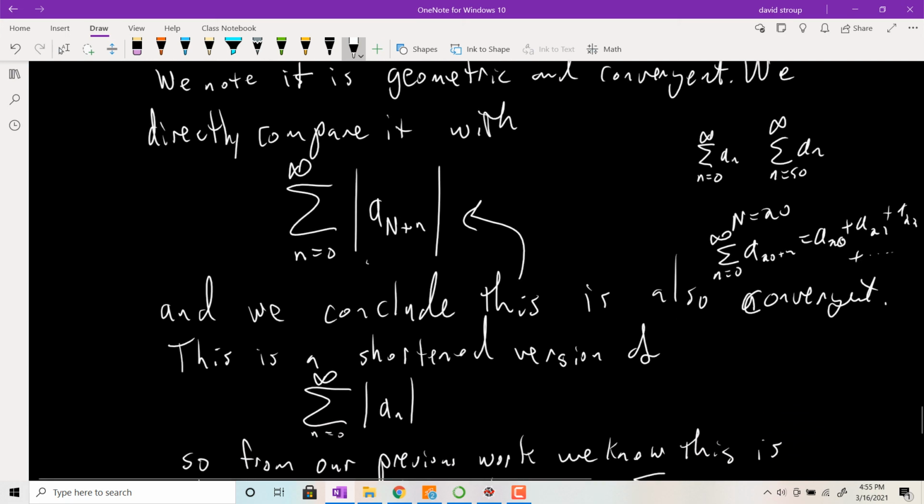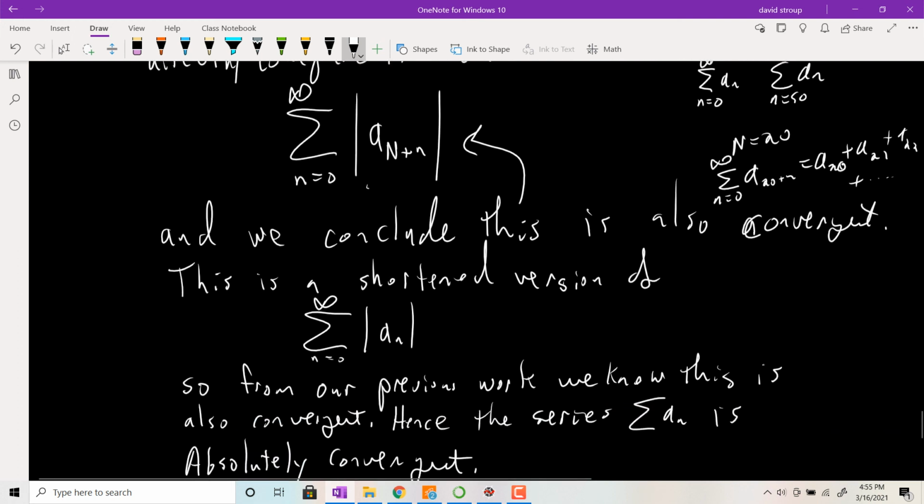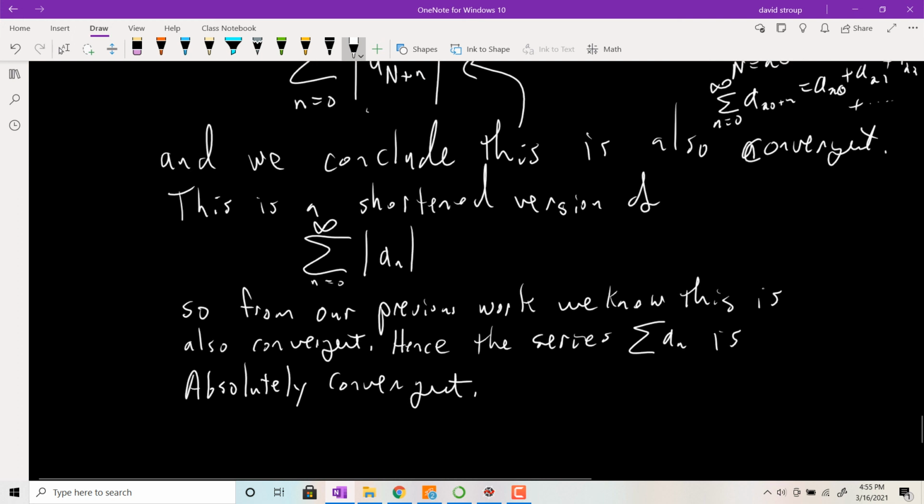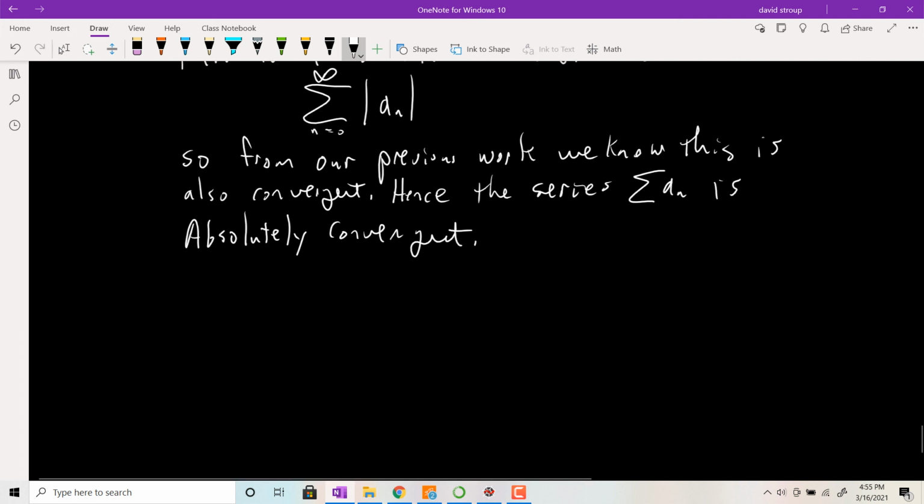The series with the terms on the left is just a shortened version of the absolute value of the original series. And then from what we know about absolute convergence, if the series of the absolute value of the terms is convergent, then the original series is absolutely convergent. And that's the end of our proof.